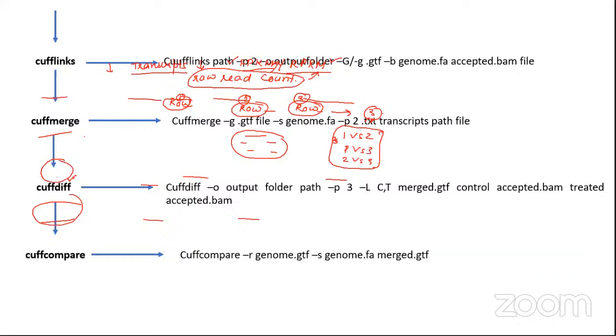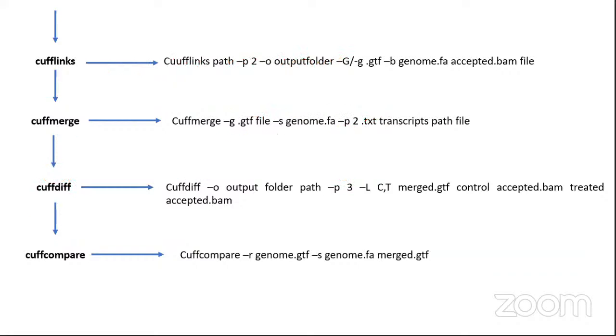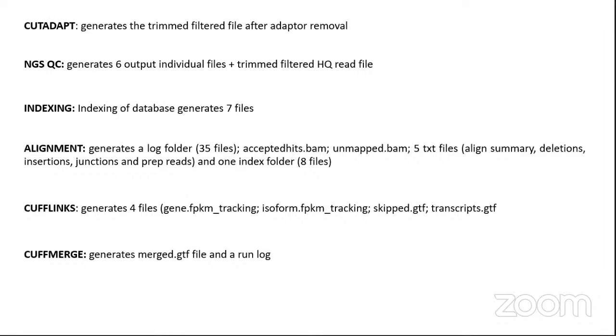This will also give you output, so you take this and then we can generate a visualization of this for heat maps or volcano plots, and can see what are the genes, how they are overexpressed or down expressed. We will see all that. So this is just the tools I have mentioned, and this is the description of what they do.